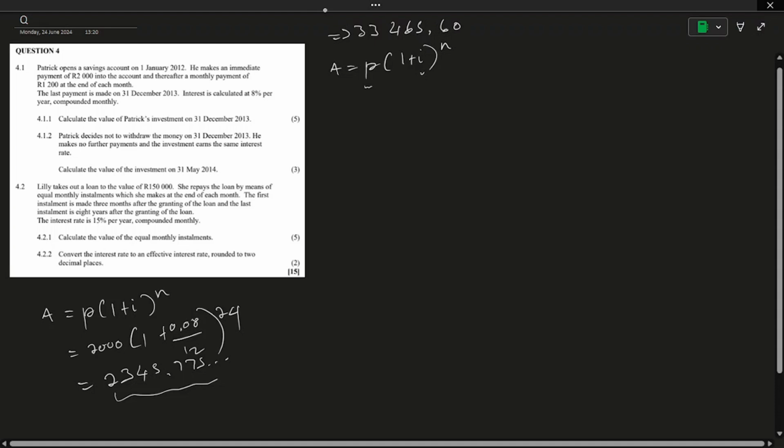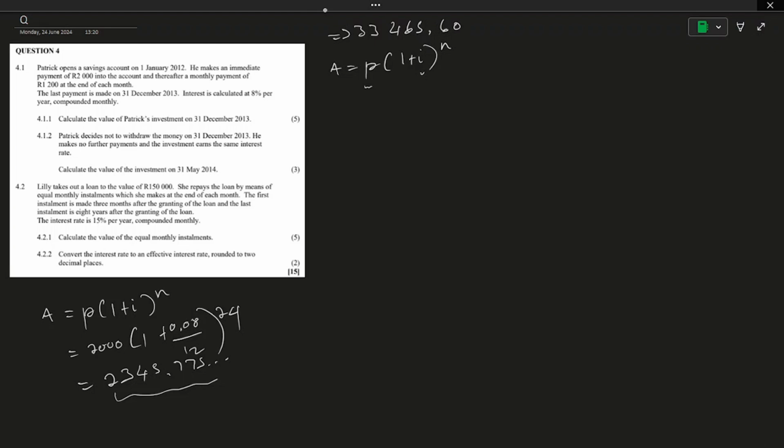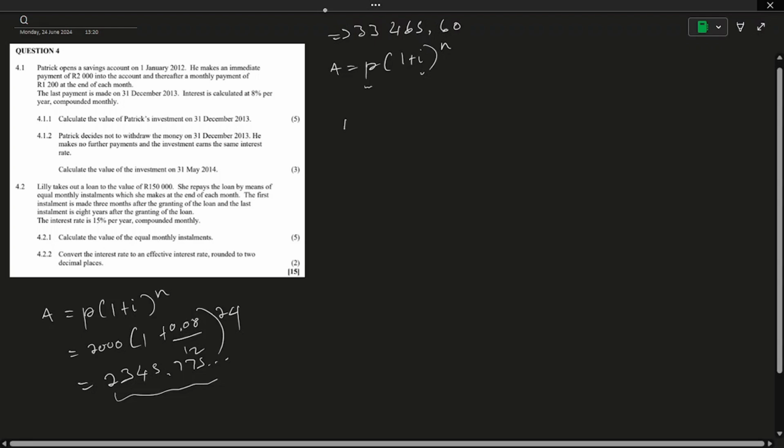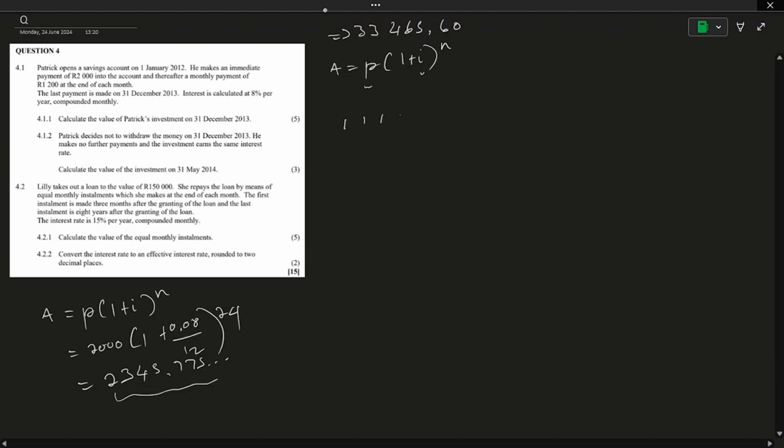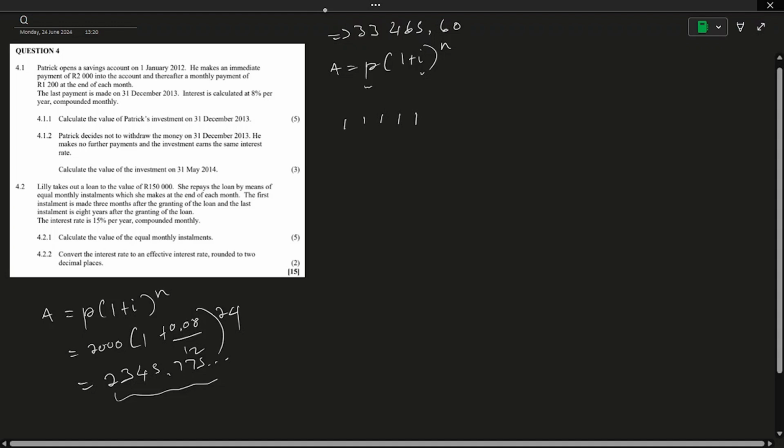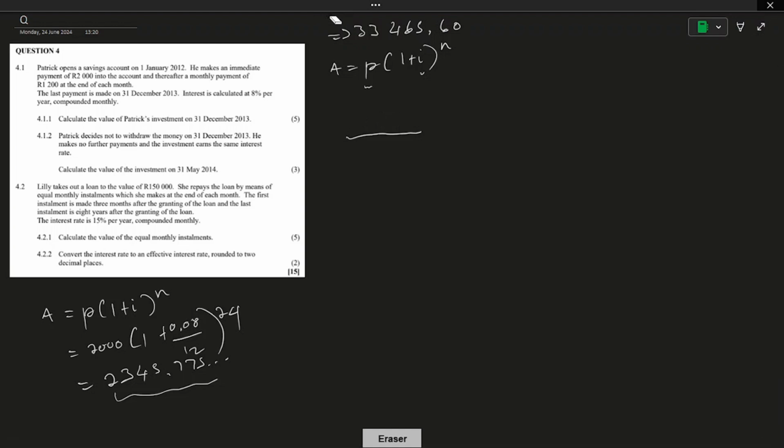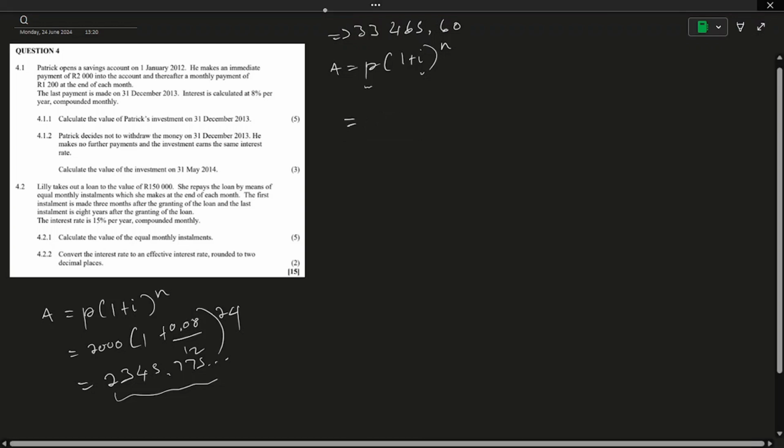So our n, we are told that it's at the 31st of December. So in other words, we're counting January, Feb, March, April, and then at the end of May. So that should be 5 months, right? So we know that our n should be 5 months. So now let's try to solve this.